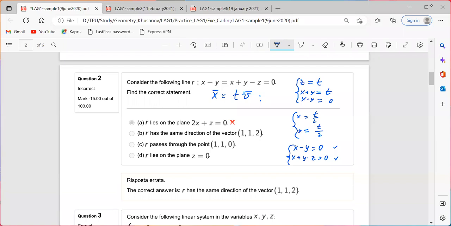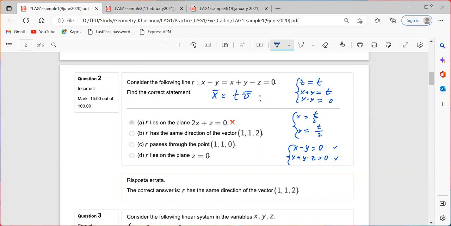A system means that we have to consider the intersection of solutions. The intersection of two planes is a line. In three-dimensional space, if you take any two planes that are not parallel, they intersect in a line. Why are they not parallel? Because planes are parallel if their coefficients are proportional.